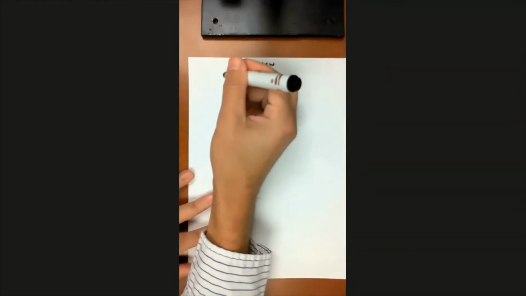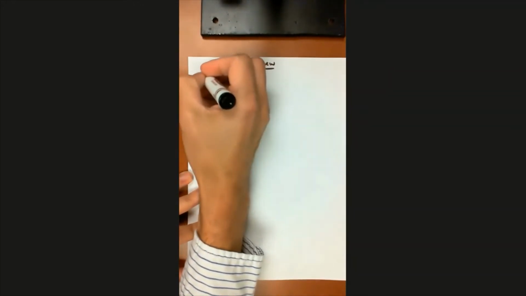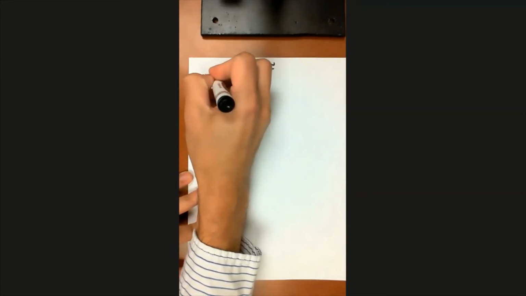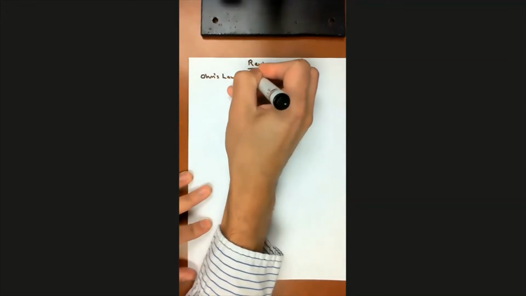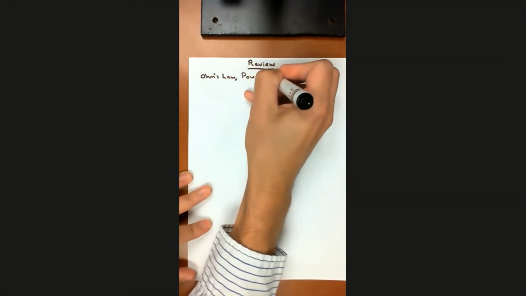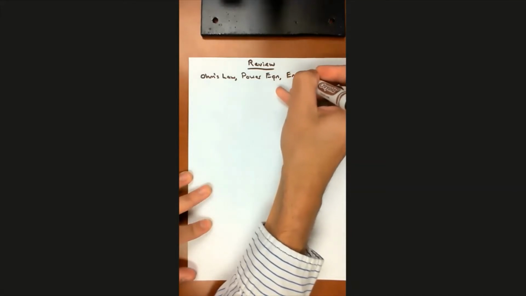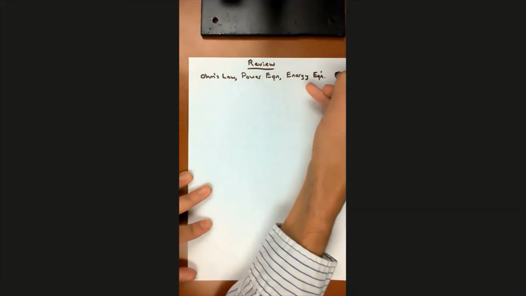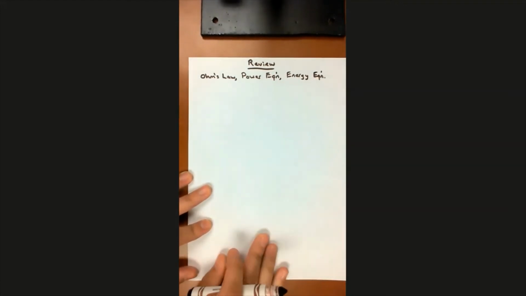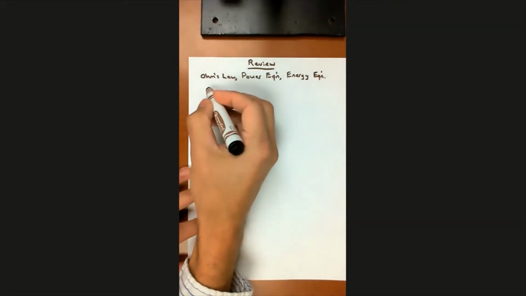However, there are a few things that you just can't get away from in a course on electricity like this one. So things like Ohm's law and the power equation, P equals IV, and the energy equation, E equals P delta T, things like that you can't really get away from.